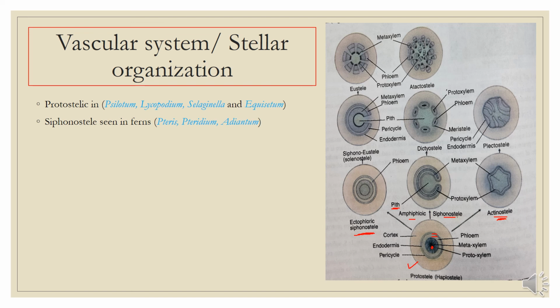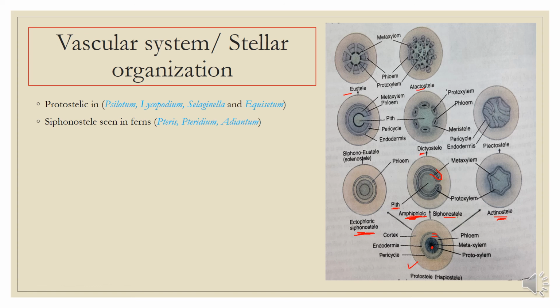And later these other types of steles develop from the siphonostele. It later develops into eusiphonostele, and later the eustele, and the amphiphloic siphonostele, which has endodermis on both surfaces. Here you see the endodermis is present on both the upper as well as the lower surface.